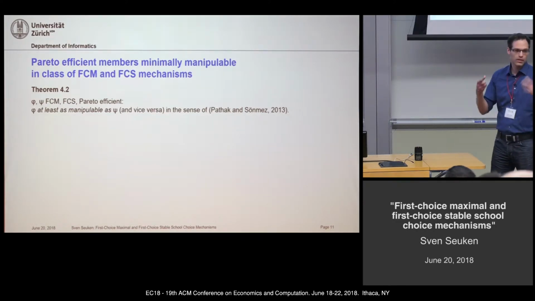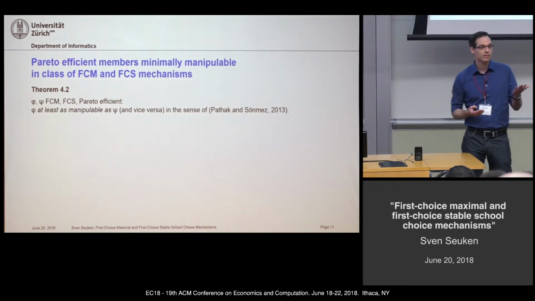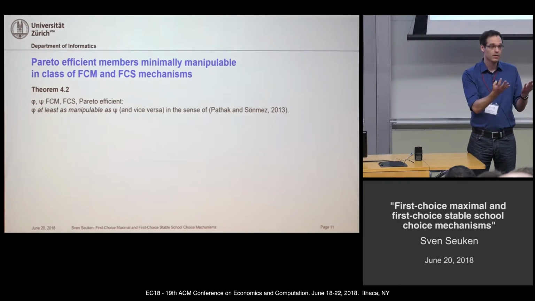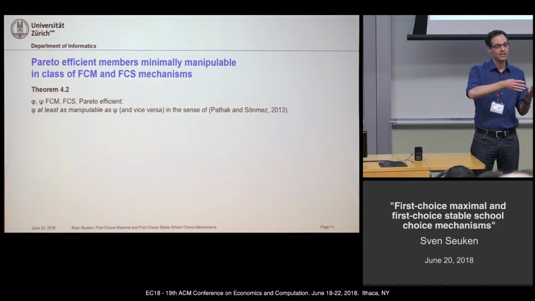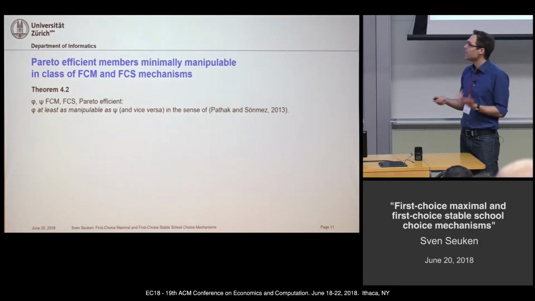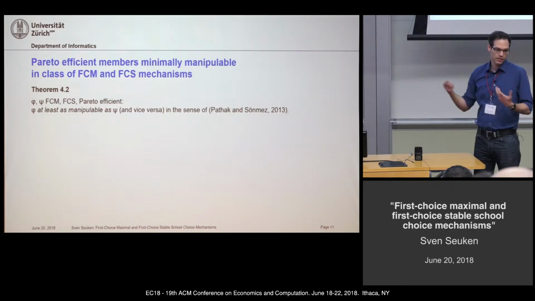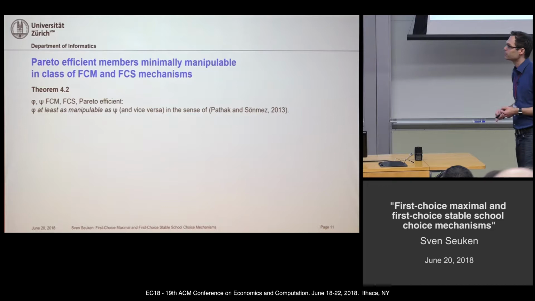So I find this quite surprising. For example, if you look at the Boston mechanism and the adaptive Boston mechanism, where the adaptive Boston mechanism in some sense does some strategic sophistication on behalf of the student, skipping over exhausted schools, they are both equally manipulable according to this incentive property.